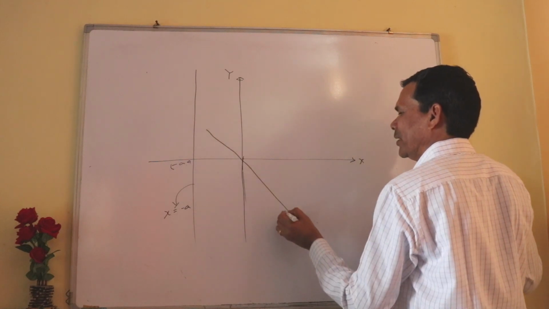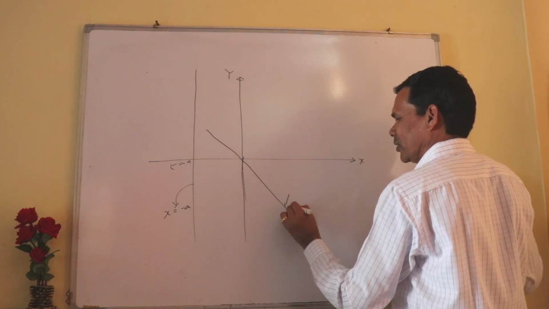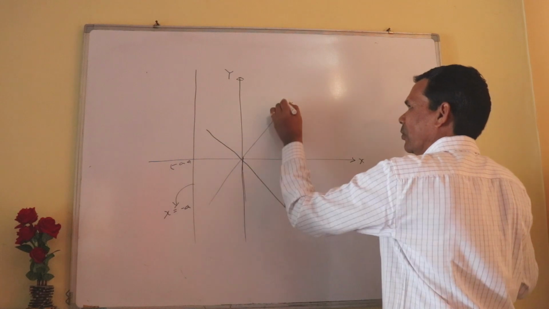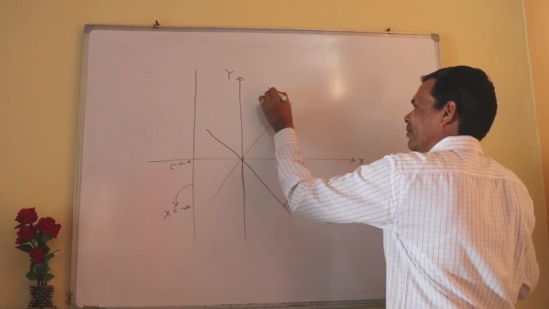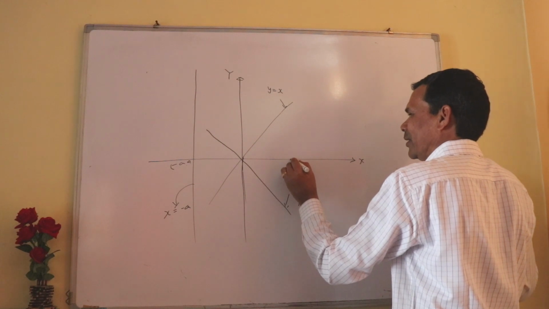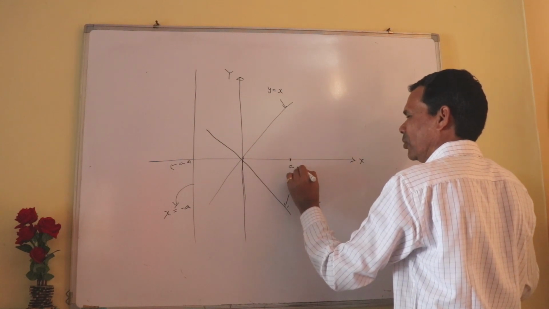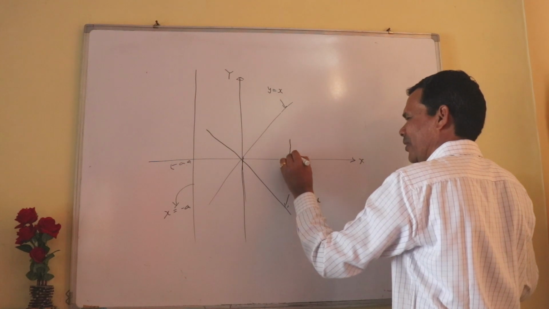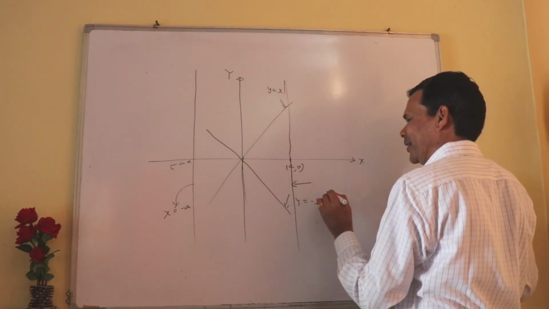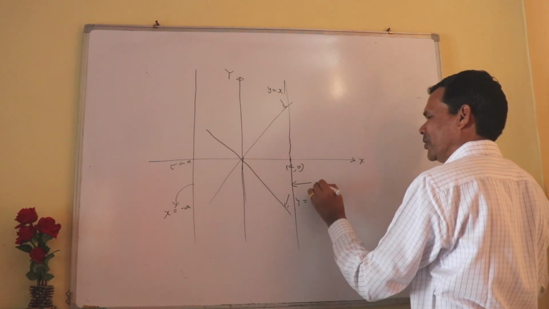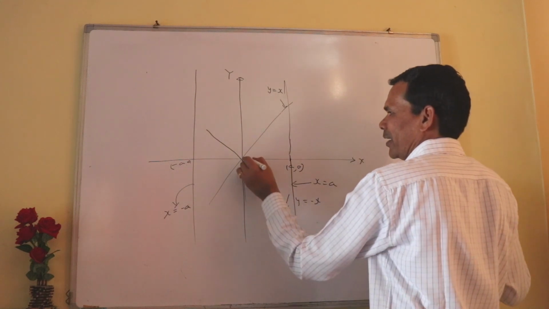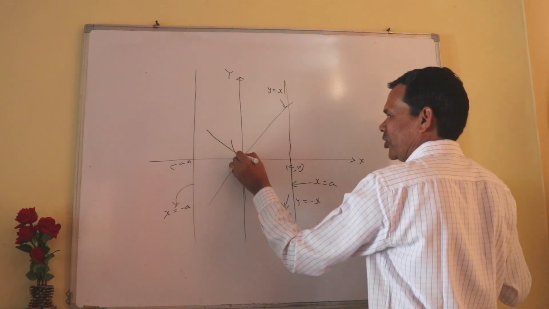This tangent is y is equal to minus x, this is y is equal to x, and here is the tangent at the point a, 0. Here is also a tangent, because dy by dx is infinity at this point. This is x is equal to a, and here are the tangents at the origin.